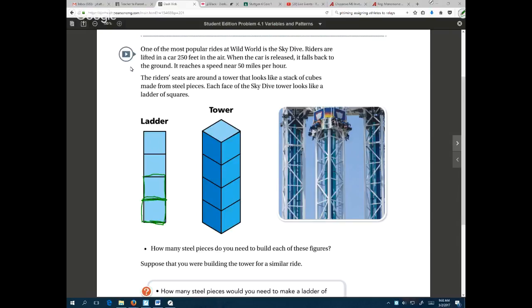Some of you might have to draw these shapes out, some of you will just know the pattern right away. Prove to me if it's right. Prove it to me.